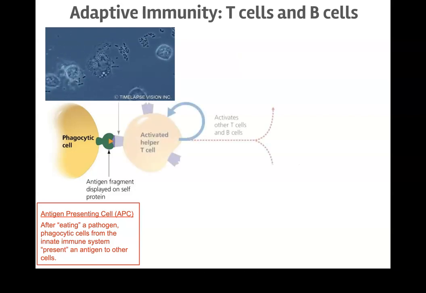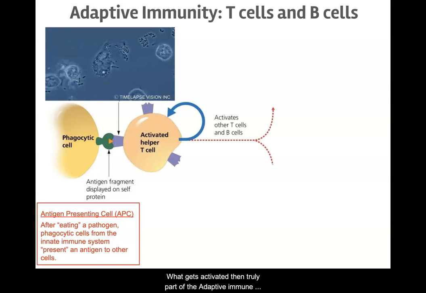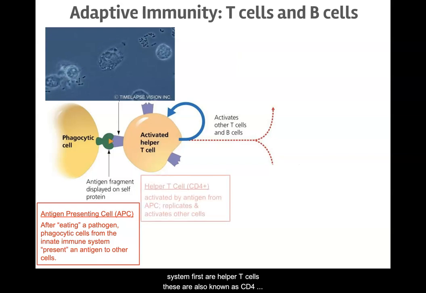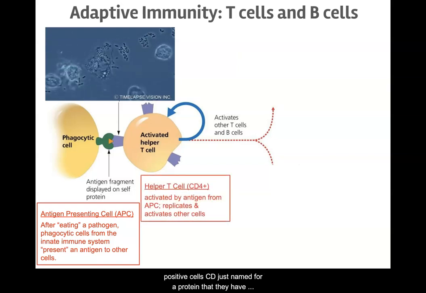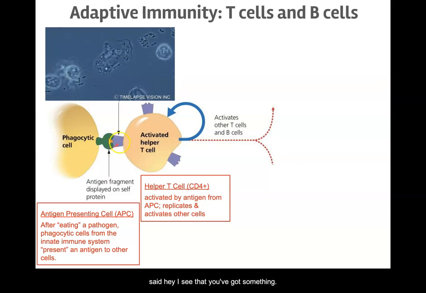Okay. What gets activated then, truly part of the adaptive immune system, first are helper T cells. These are also known as CD4 positive cells. CD is just named for a protein that they have located on their membrane. This is how we identify them. These cells are activated by the antigen-presenting cells. They have receptors that recognize the APCs, and they say, hey, I see that you've got something.